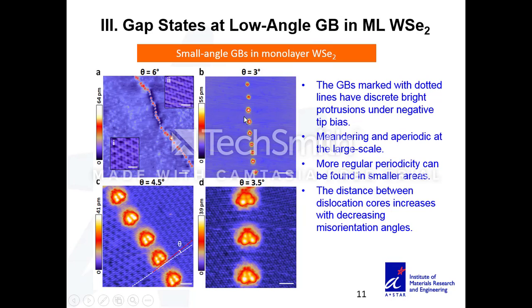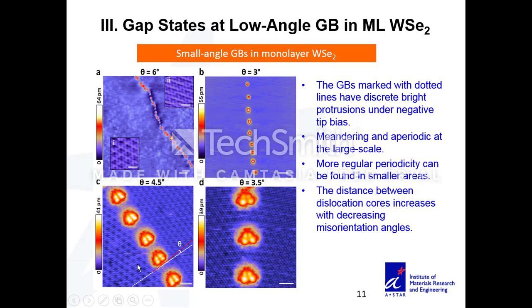So you can see in this image four different grain boundaries, and only low angle grain boundaries are found here. And this boundary is quite different from the previous one. You can see this grain boundary is shown as a dotted line, and the bright protrusion is decreased.